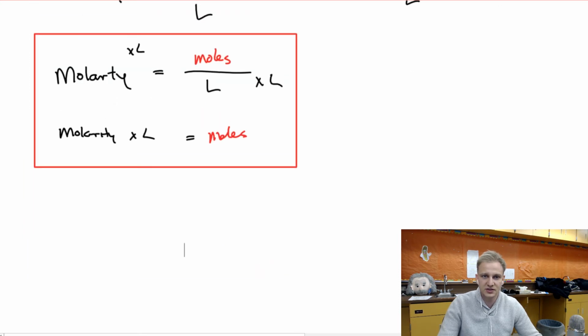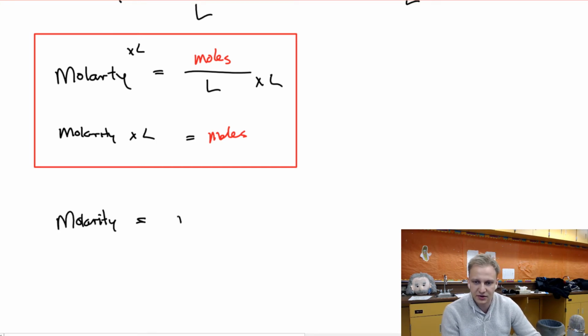Another one that you can solve for, let's say that you're given molarity, and let's say that you're given moles, but you are not given liters. What you would need to do in this case is a long string of calculations, but you need to multiply both sides by liters since you're dividing by it on the bottom here.